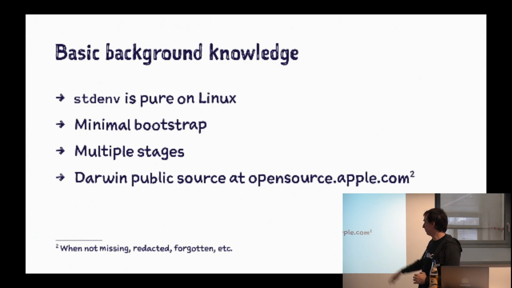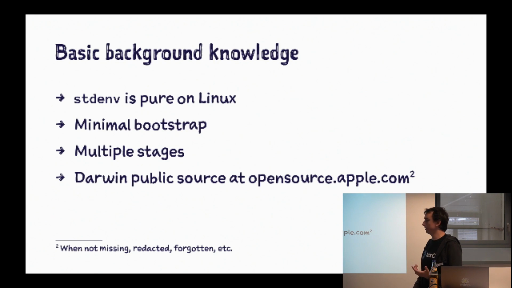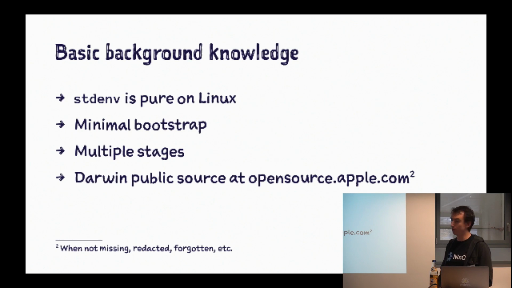Another key little piece of background information is, you may not know this, maybe you do, Apple publishes a lot of the source to core components of macOS on opensource.apple.com. Calling it actually open source is a bit optimistic. Apple was very into open source when they first released macOS in the early 2000s, and actually had an open source distribution called Open Darwin that could run X and was running on the Mac kernel and all that stuff.